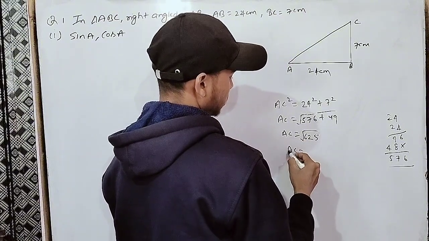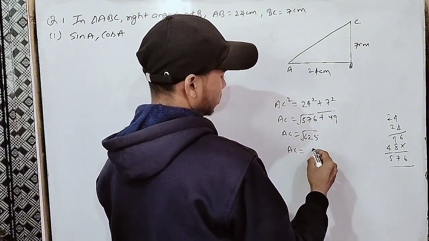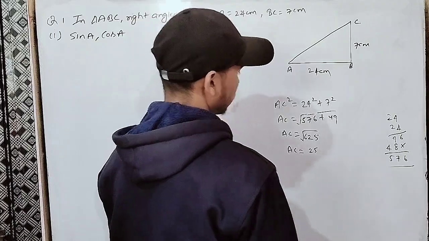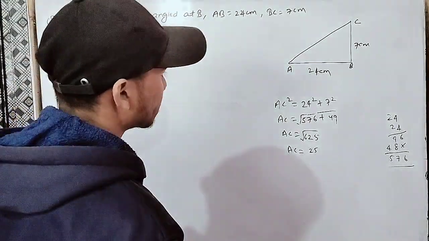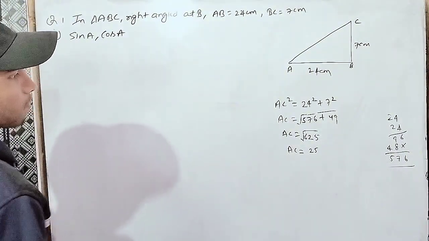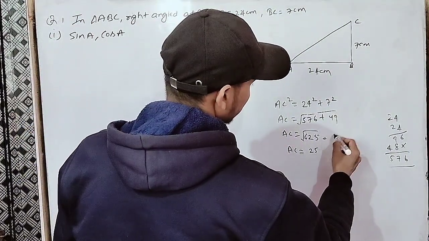Can we write this as the square of 25? Yeah, you can.